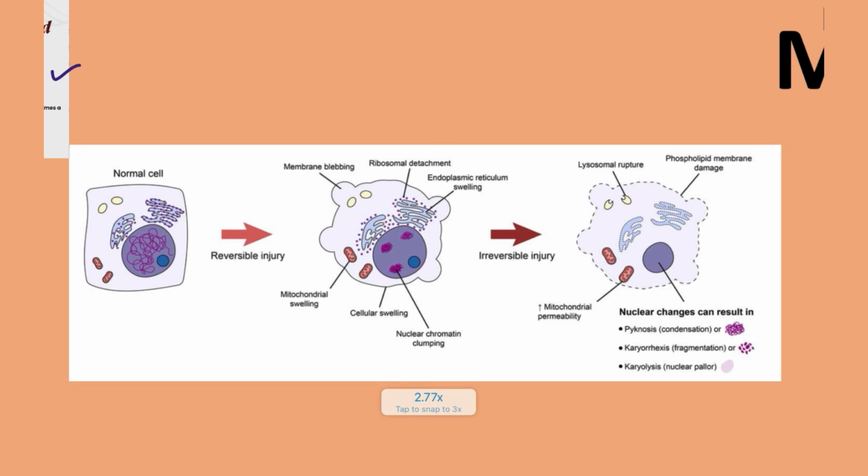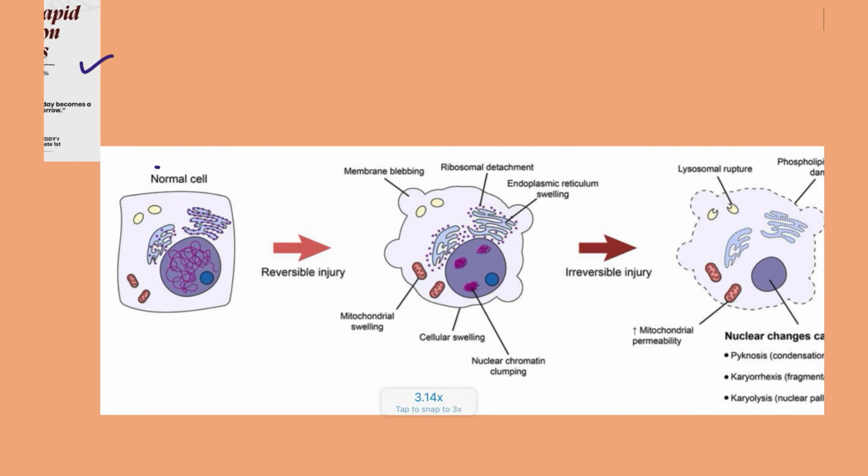The first thing you have to remember is general pathology. General pathology is very important, guys. Every point in general pathology you have to remember. Every cell in our human body can go into stress, and that stress is considered a reversible injury, or if the stress increases, it can cause irreversible damage to the cell.